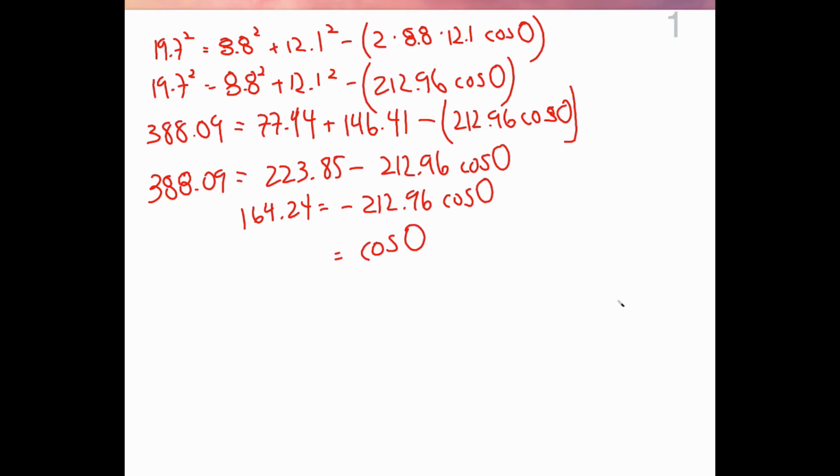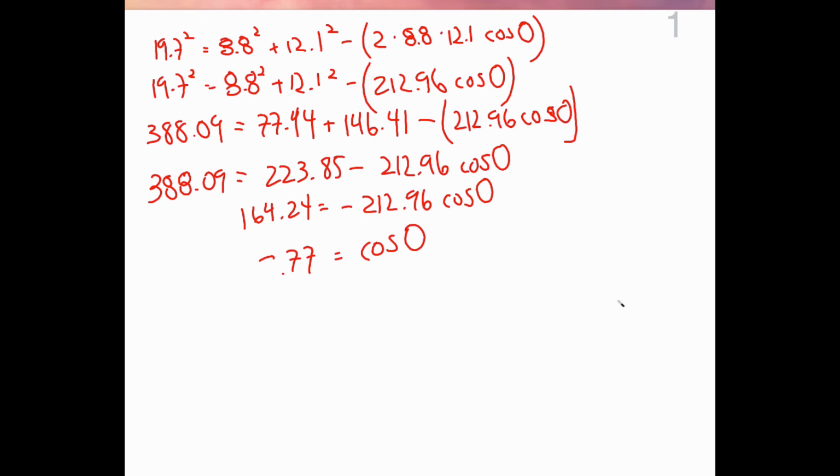Thank you. What you got? Do you divide negative 212.96? You bet you do. And what do you get? Hold on, let me do that in my head. Negative 0.77. I didn't do it in my head, I cheated.